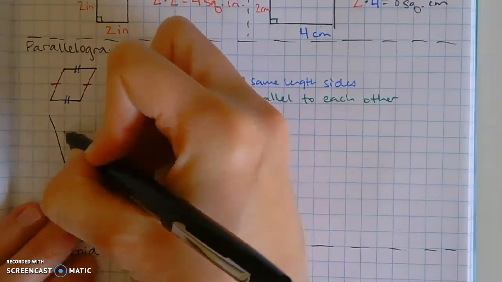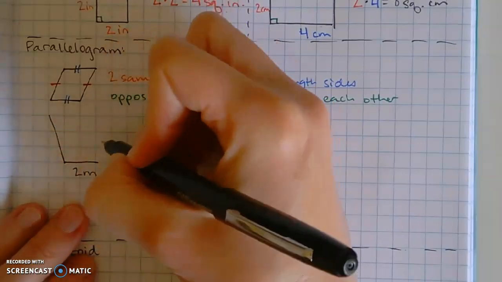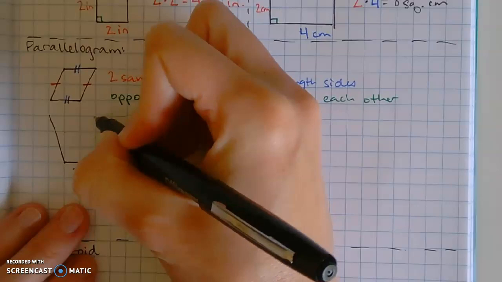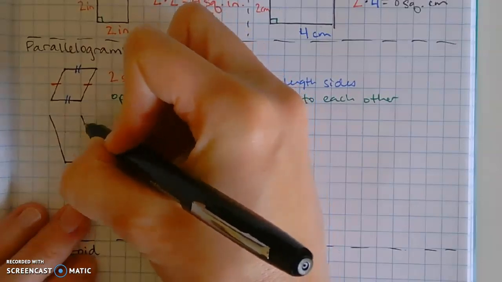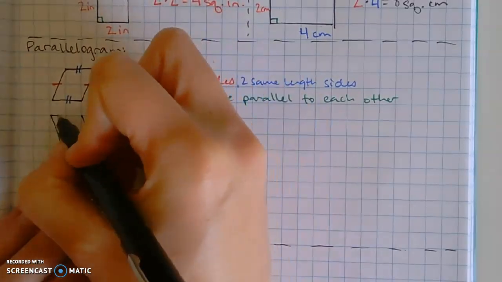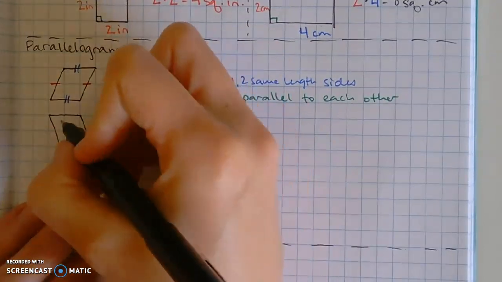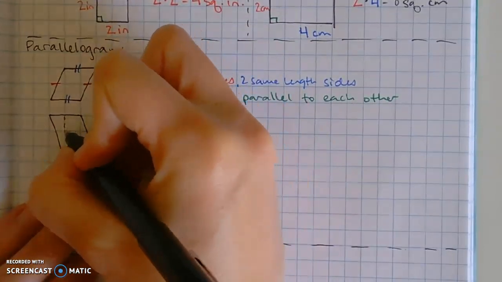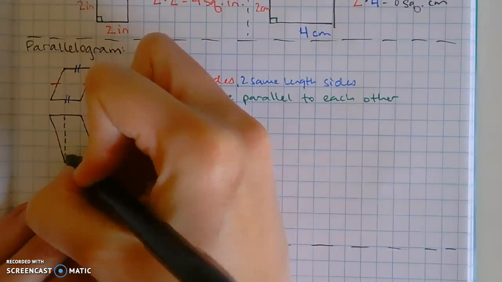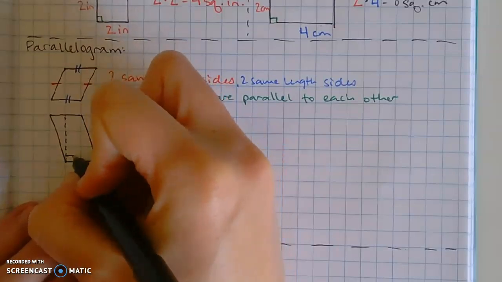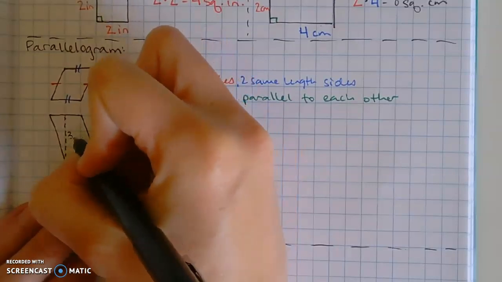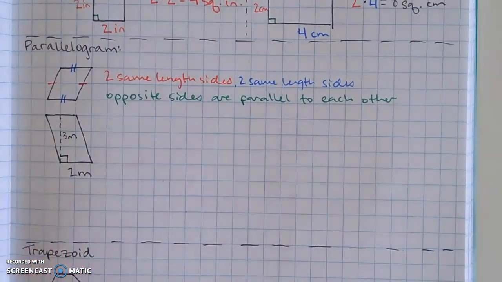So I'm counting up 1, 2, 3, and I'm just going over 1 square. So there's my parallelogram. Just like in the triangle, they're going to have a dash mark showing you the height of the parallelogram. So this one is going to be 3 meters tall.